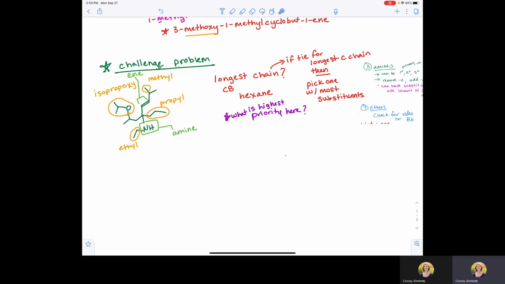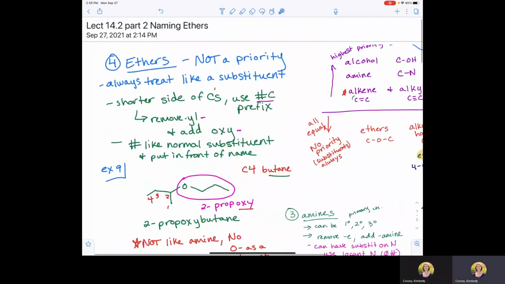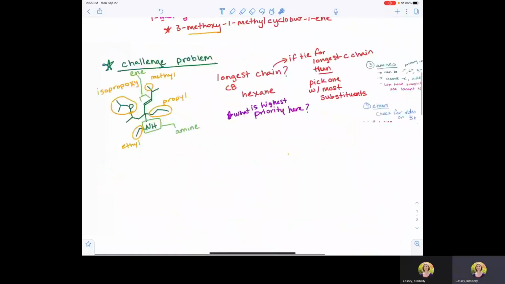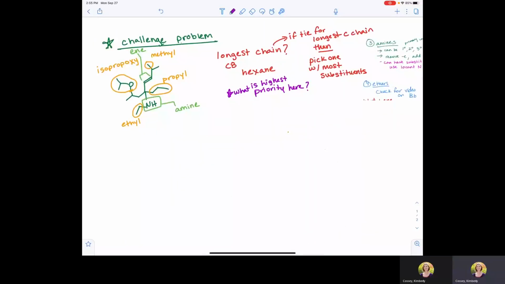Because if you look on the list, this is the list. Amines are above alkenes, and then those are above all the other ones that are typed. Okay, so I've got an amine, so that's going to be my highest priority. So let's see which way we can name that. So if we go 1, 2, 3, 4, 5, 6, 7, 8. So that's going to be at the 5.